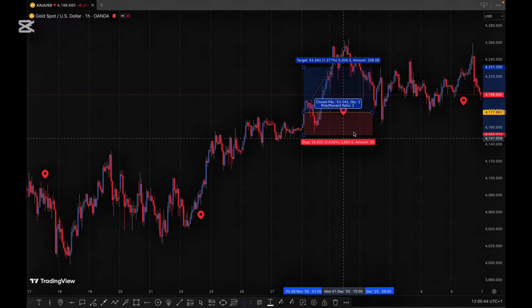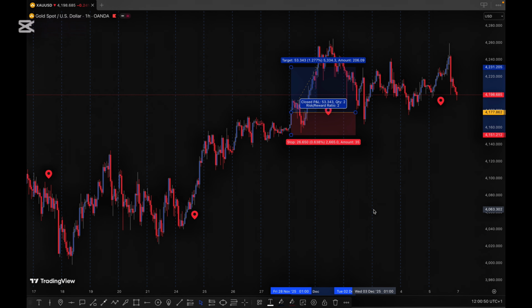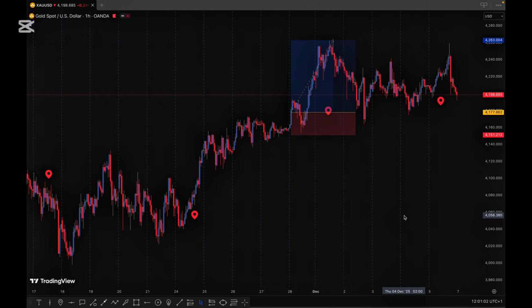This tool that you see me using is called a long position tool, and we use it in the TradingView environment to anticipate our profits, as well as our stop loss, before getting into a trade.